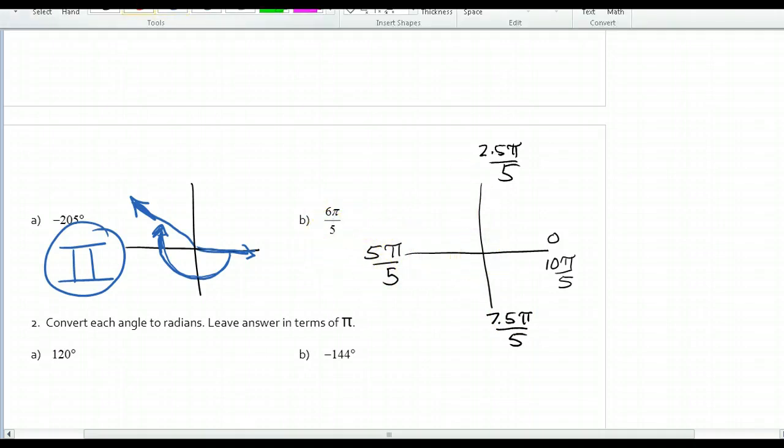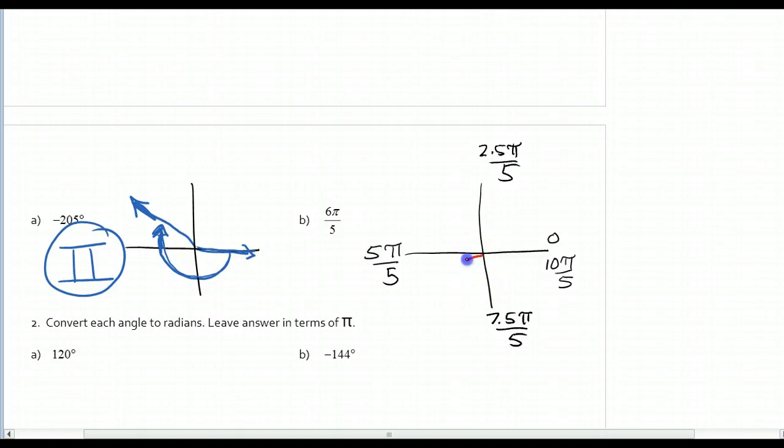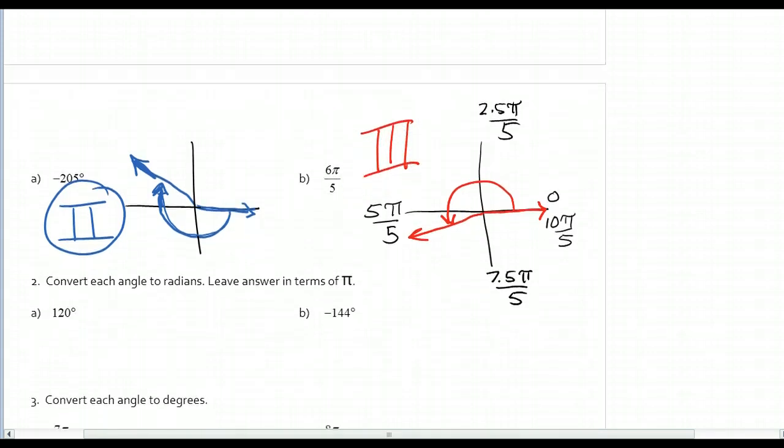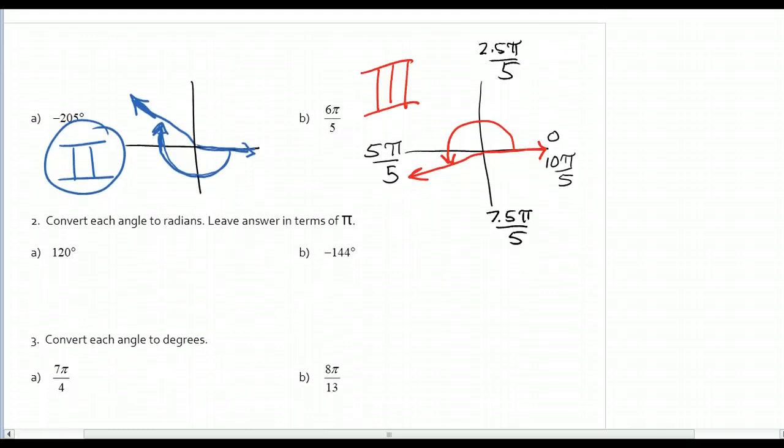So somewhere over here. So here's my initial side, positive rotation, which is counterclockwise. So I see that I am in the third quadrant. Again, as always, if you have questions as you go through the notes, make sure you write them down in the margins and ask me when you get to class.